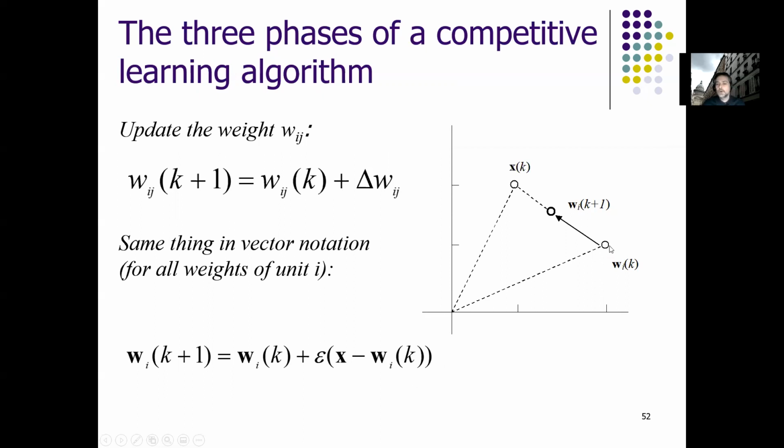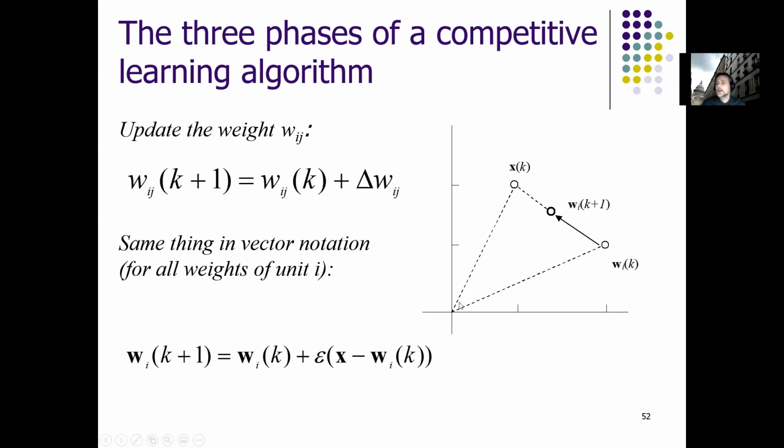And this is how things work graphically, assuming that this point shows you the weight vector at time k, and x is the data point that is presented to the network at time k. These are basically two vectors in this two-dimensional space.